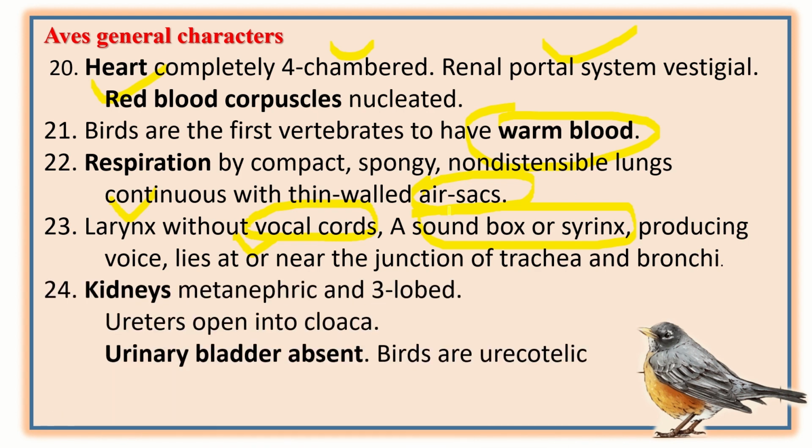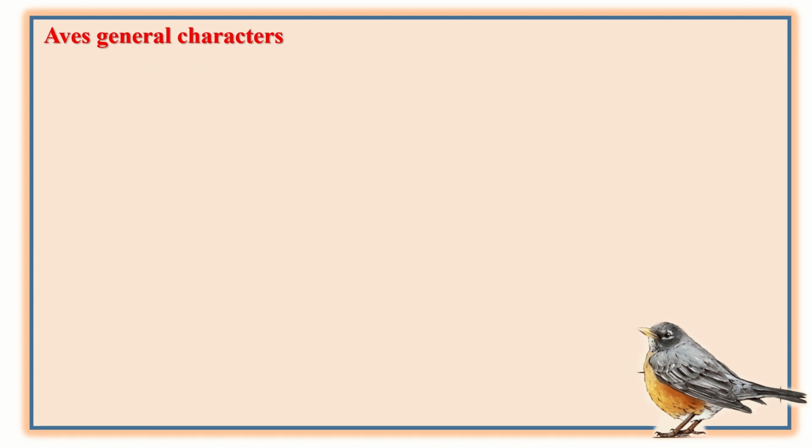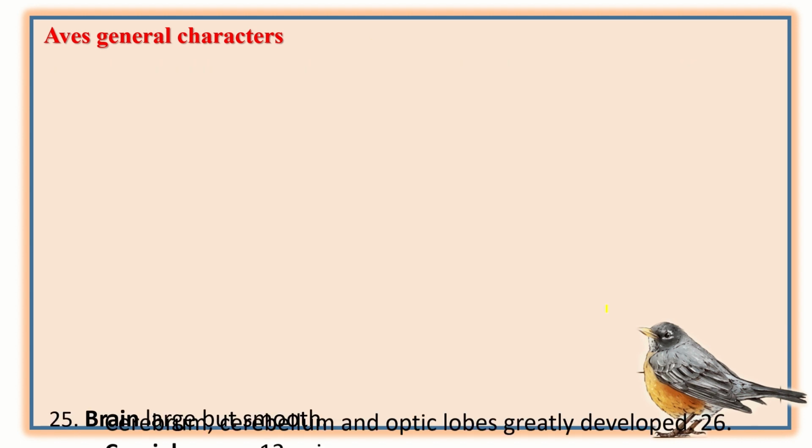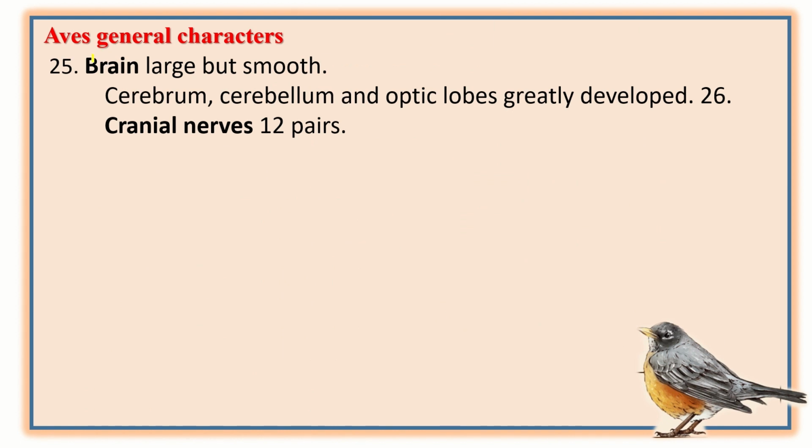Kidneys are metanephric and three-lobed. Ureters open into the cloaca. Urinary bladder is absent, and birds are uricotelic. Brain is large but smooth. Cerebrum, cerebellum and optic lobes are greatly developed.